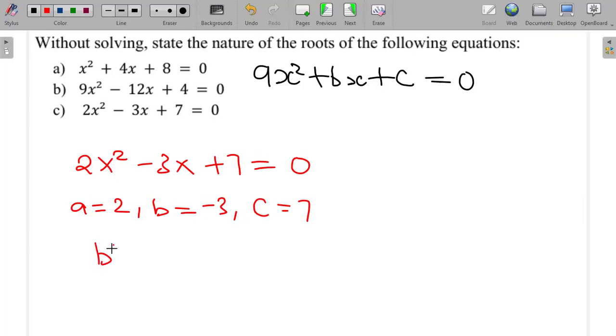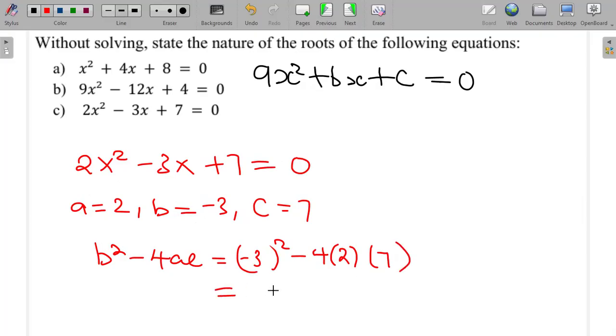So this will be b squared minus 4ac, which is minus 3 squared minus 4, 2, and then 7. So this will just be what? 9, and then 2 multiplied by 4 is 8, multiplied by the 7, I get minus 56 there. So my answer there will just be minus 47.